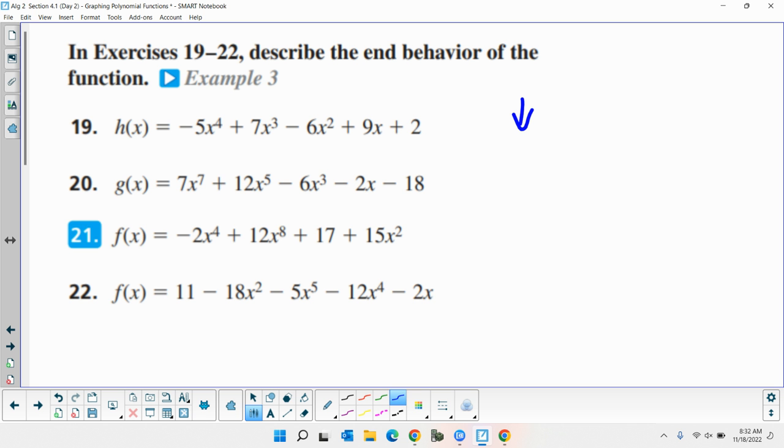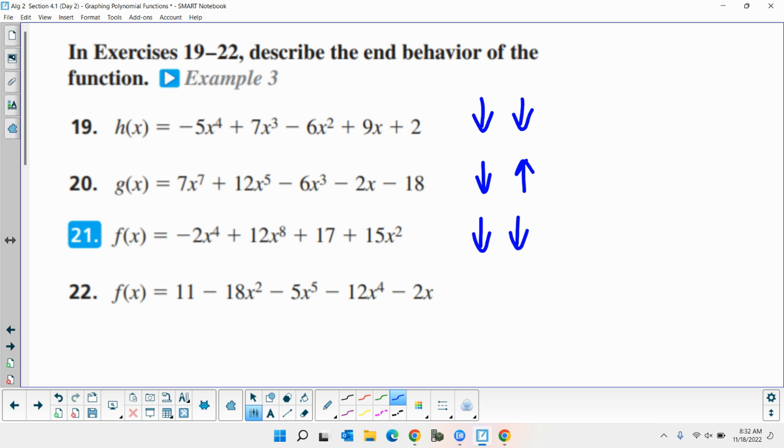And it's an even degree of 4, so that means the far left's doing the same thing. Okay? 20, positive leading coefficient, so the far right's going up. Odd degree, so far left's going down, opposite direction. Negative leading coefficient, so the far right's going down. Even degree, so same direction, far left's going down.